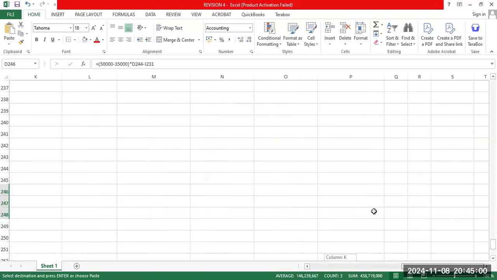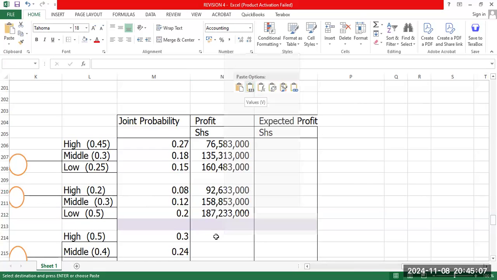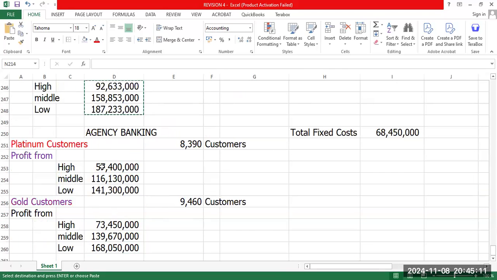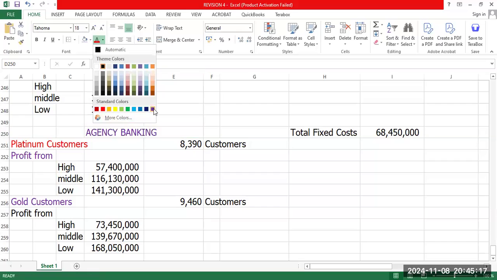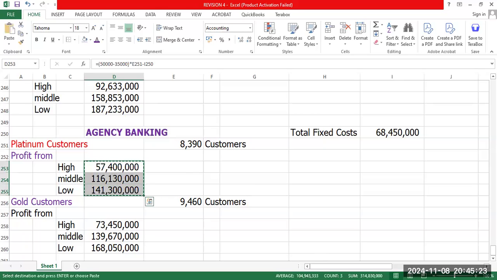Can copy this. Then platinum agency banking now. Agency banking, we have this.